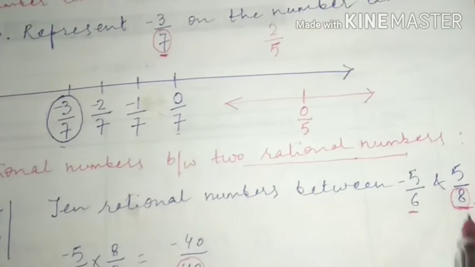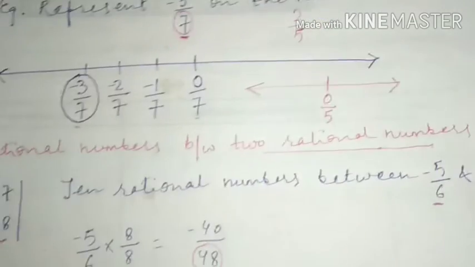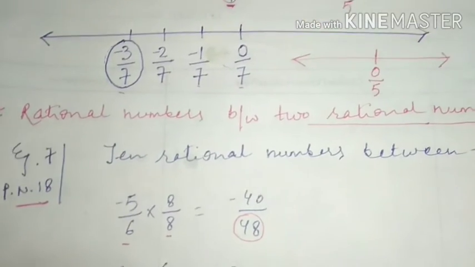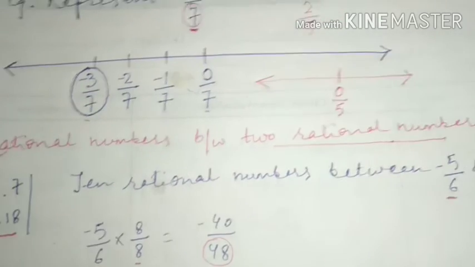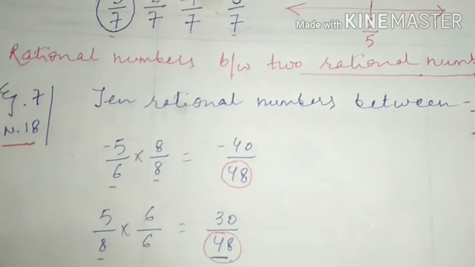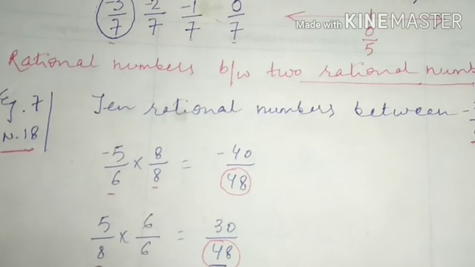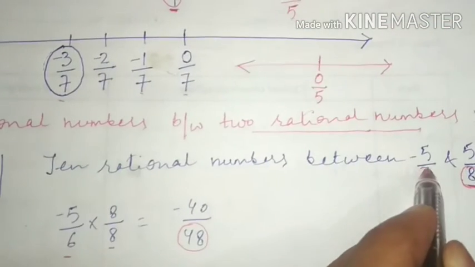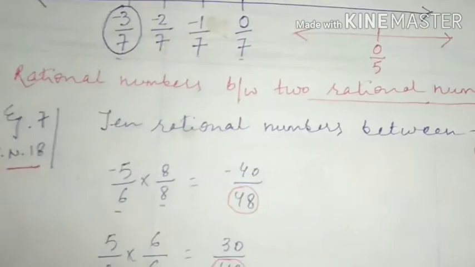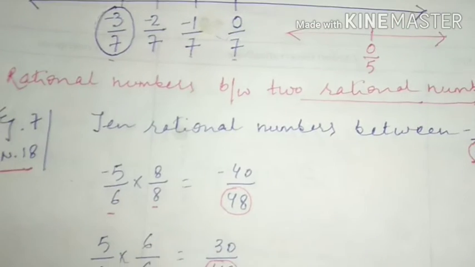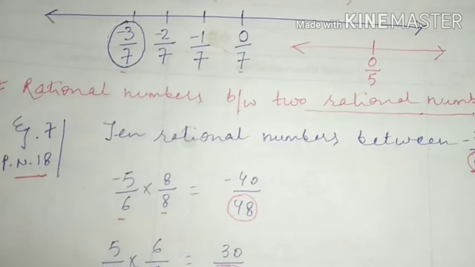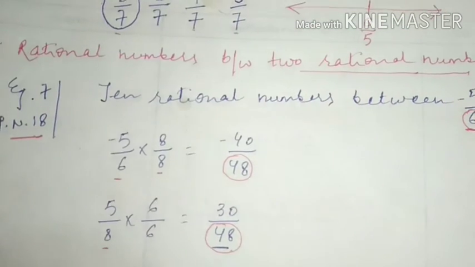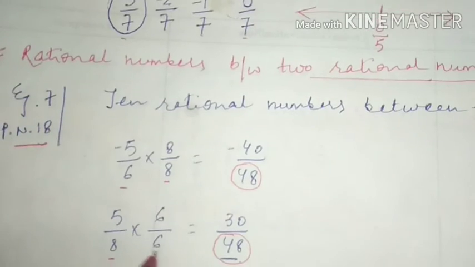And with the second rational number, that is minus 5/8, you can see, you are to multiply this rational number with the denominator of the first rational number, that is 6, this one. So you have to multiply the second rational number with the denominator of the first rational number on the upper side and the lower side as well.